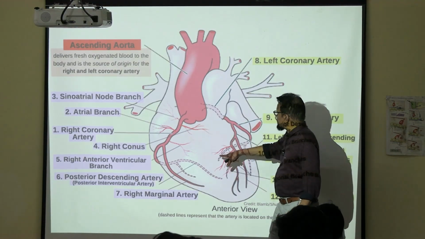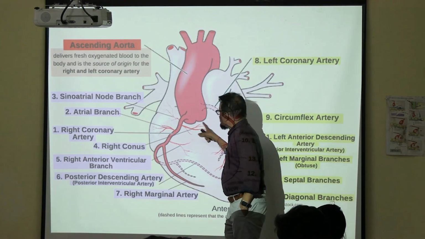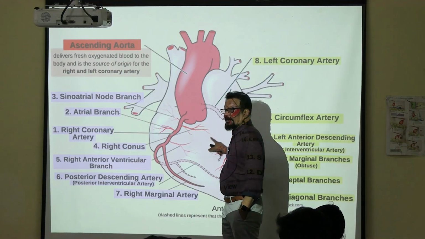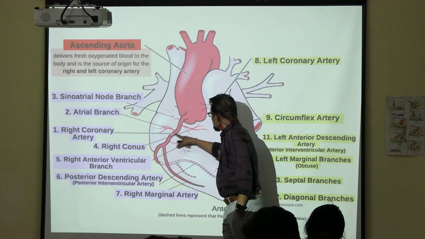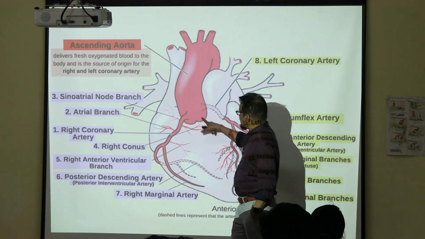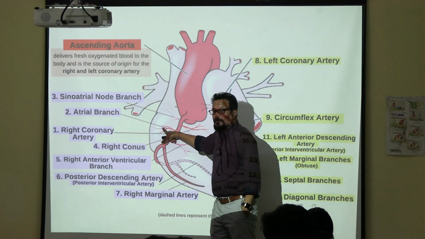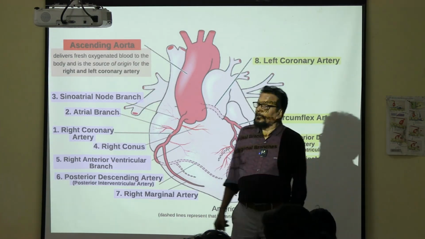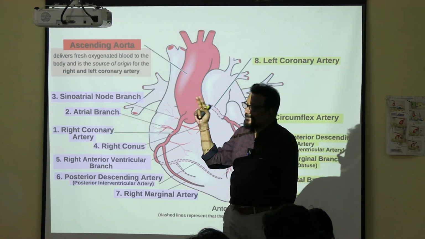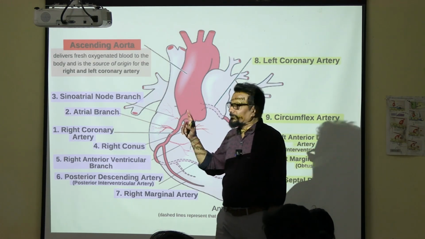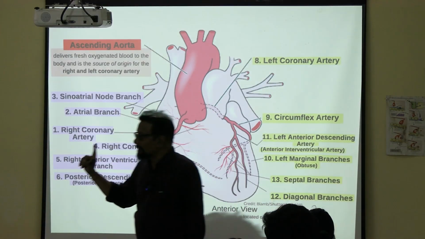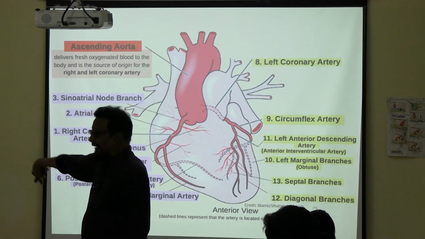The second branch is going to the right conus area, so this is the conus branch. Then this will go to the atrium, mostly the right atrium, and partly it will supply the left atrium at the back.